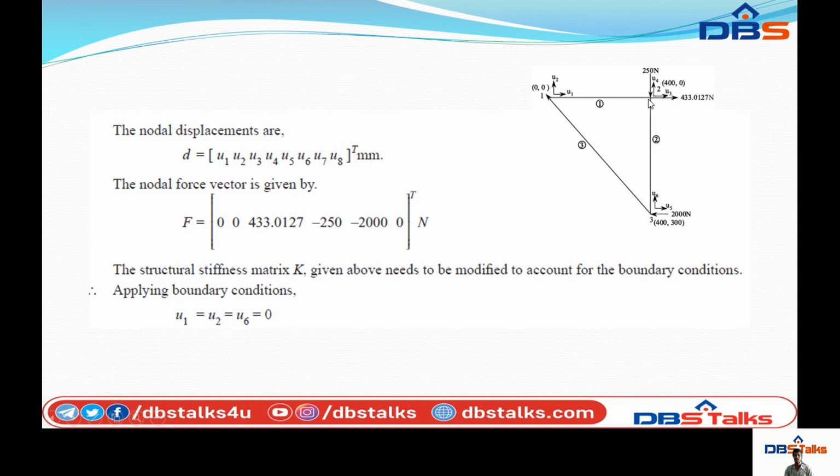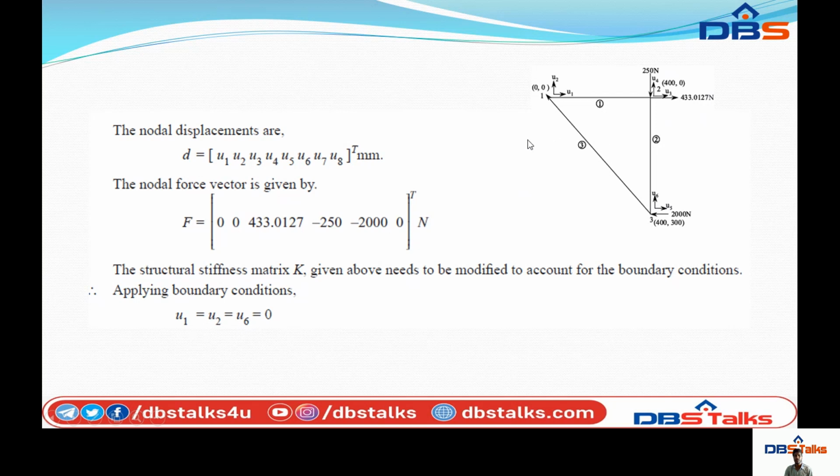There is movement in the horizontal and vertical directions at element 2. Coming to element 3, there is only horizontal movement. In the horizontal direction a roller support is applied, but in the vertical direction it is fixed. So U6 is fixed.